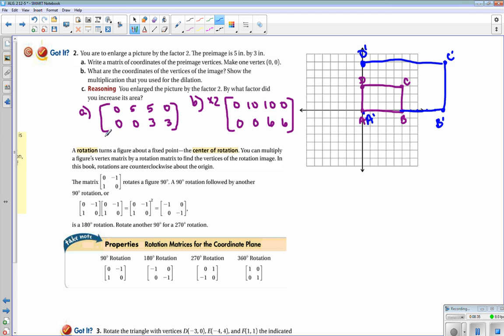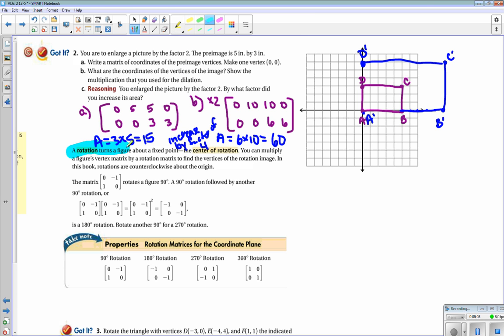Well, this guy had an area of 3 times 5, and then this guy has an area of 6 times 10. So you increased it by a factor of 4. All right, let's talk about rotation.